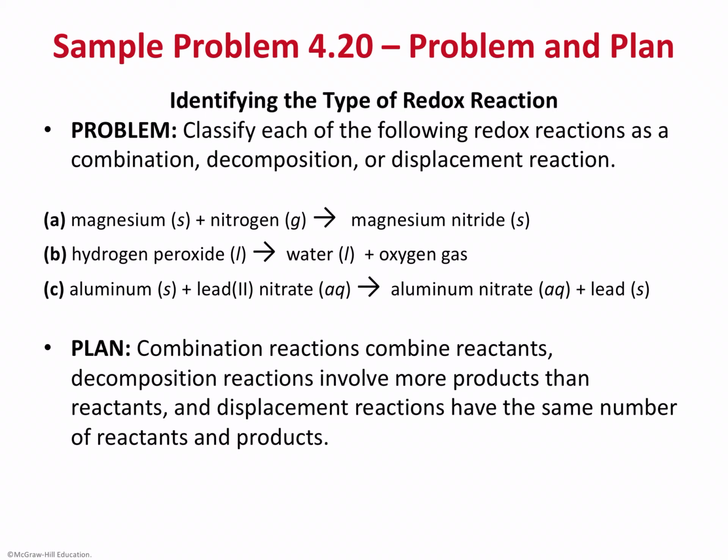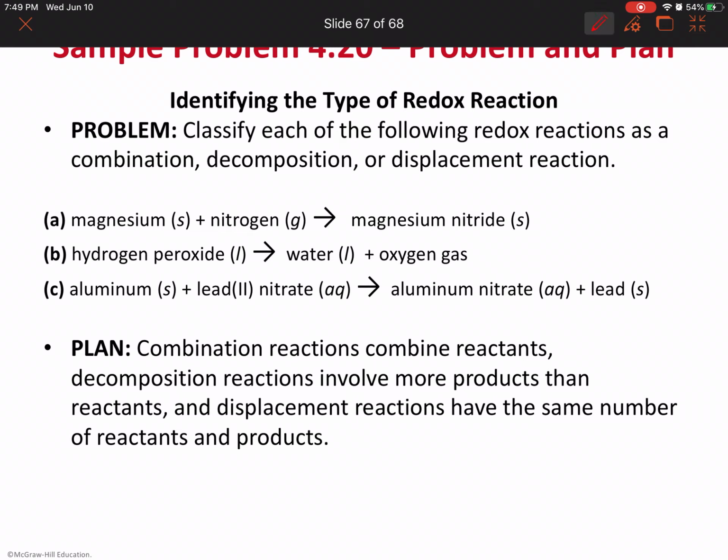And we can also find out what's happening. Let's see, we have magnesium plus nitrogen, N2, forming magnesium nitride. Magnesium normally forms a +2 charge. Nitrogen is in group 5, makes -3. So the formula is going to be Mg3N2.